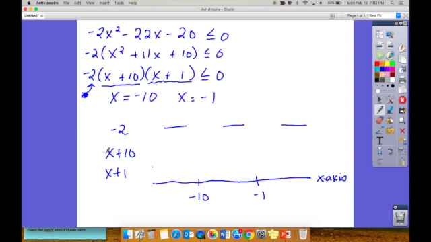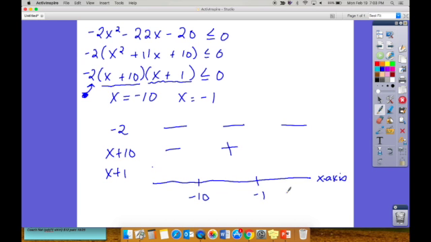What about x plus 10? I always think of some ridiculously large number. Instead of negative 11, I go with like negative 1,000,000. Obviously, negative 1,000,000 plus 10 is going to be negative. Now we need to pick a number between negative 10 and negative 1. How about negative 5? Negative 5 plus 10 is a positive number. Then we pick a number to the right of negative 1.